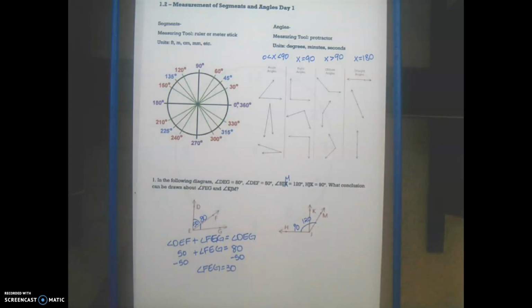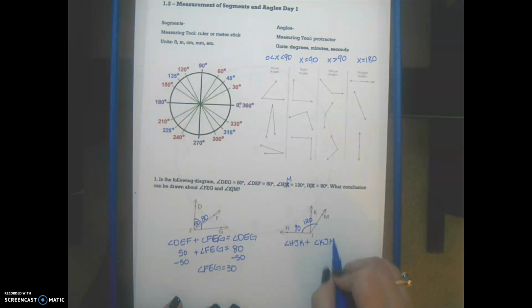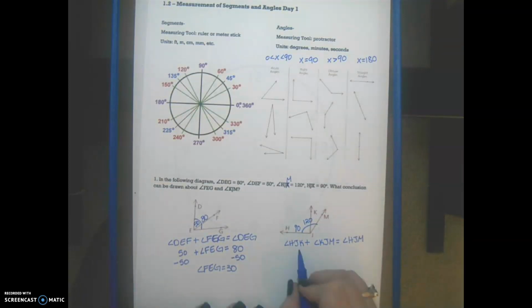All right, let's do the same thing for our other angle. I know that angle HJK plus angle KJM is equal to angle HJM. So again, let's plug in what I know about these two angles. I know that HJK is 90. I don't know the measure of KJM, but I do know that angle HJM is 120.